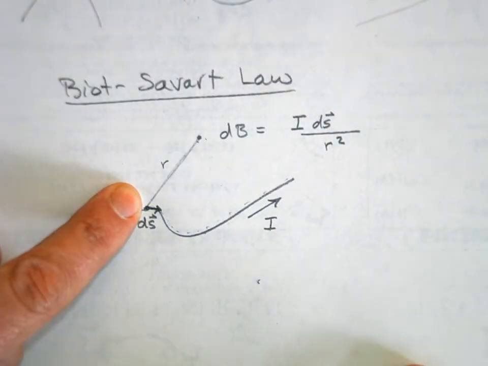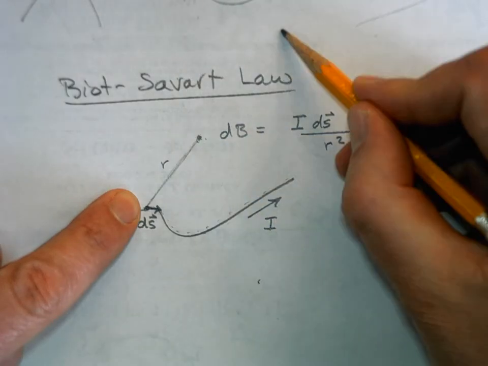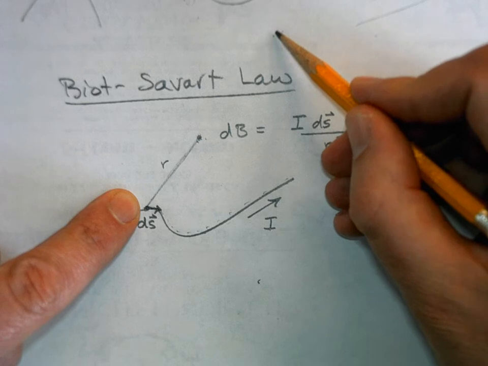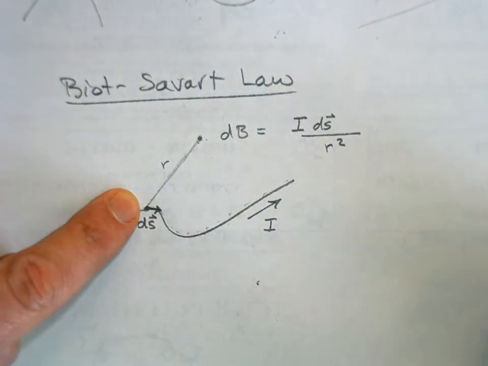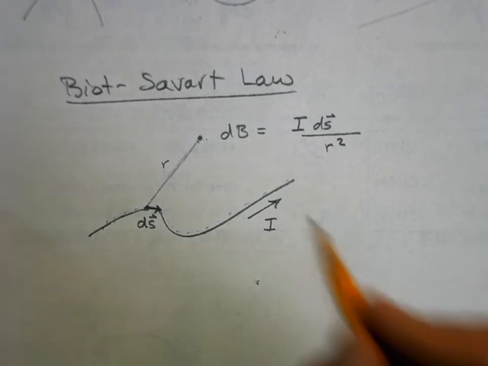That is, if I were to take this point in space and put it twice as far away, it would have 1/4 the amount of magnetic field. So this is following the same pattern we've all seen in other kinds of fields.